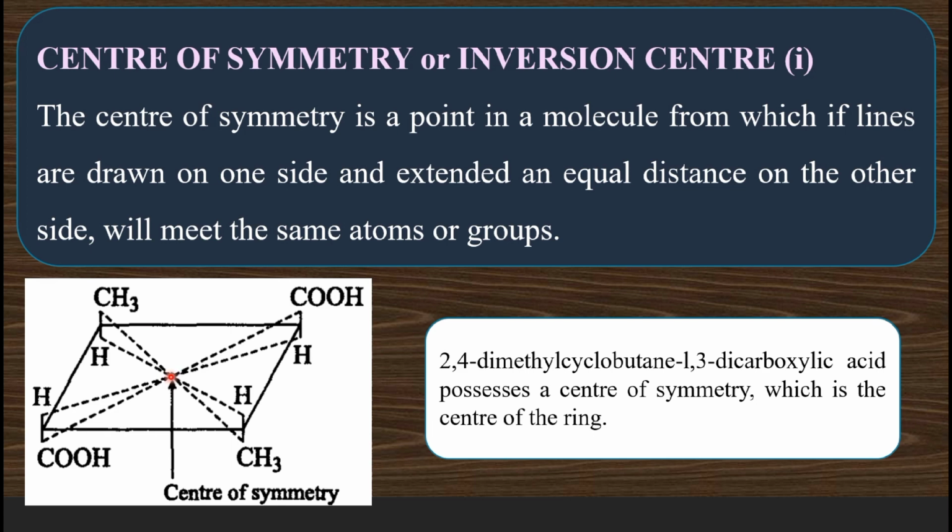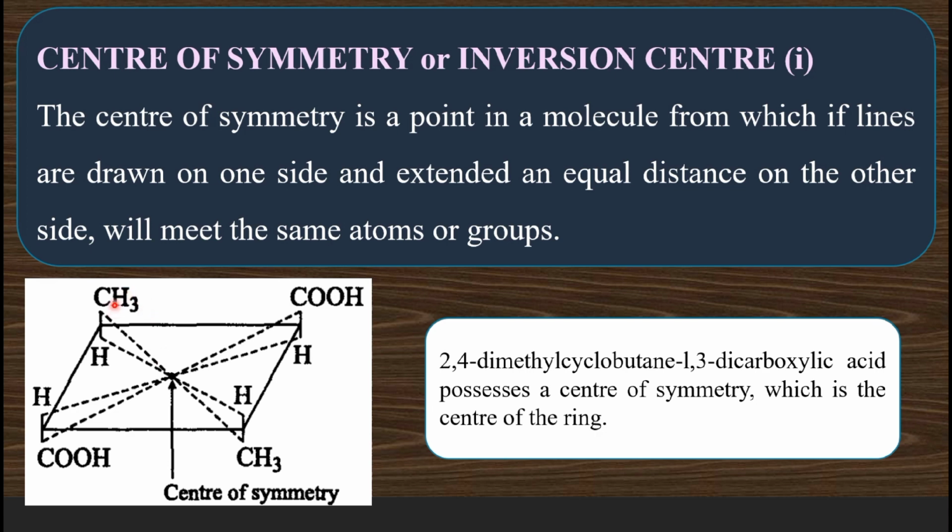From this central point, if you travel in this direction, we meet with carboxyl group, and if you travel in the opposite direction in the same axis at the same distance, we are meeting with another carboxyl group. So when we travel from the central point of the molecule in opposite directions, we are meeting with identical groups at identical distance.